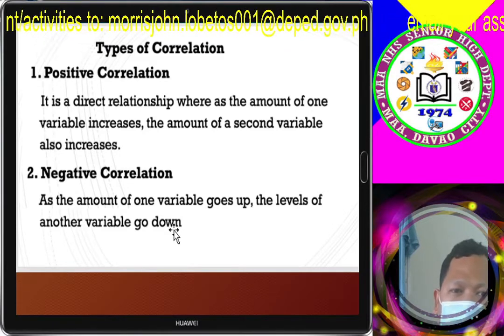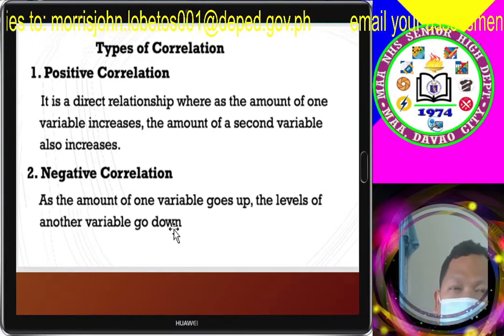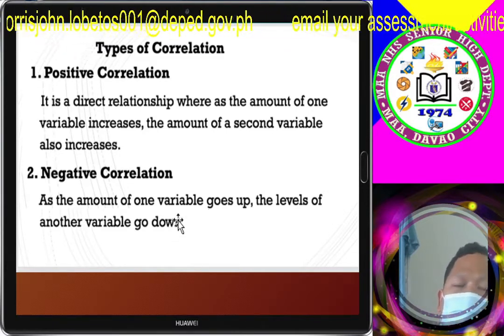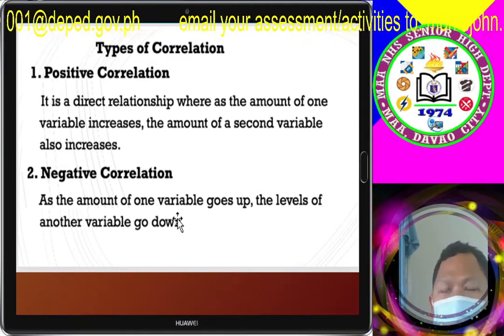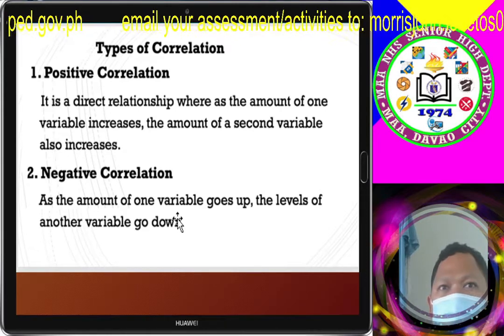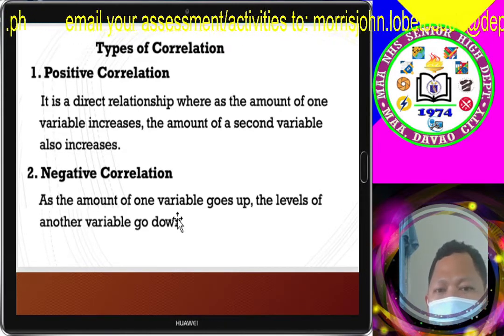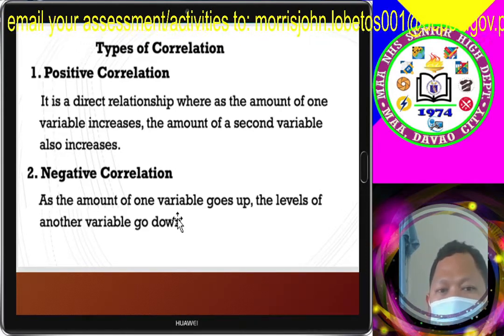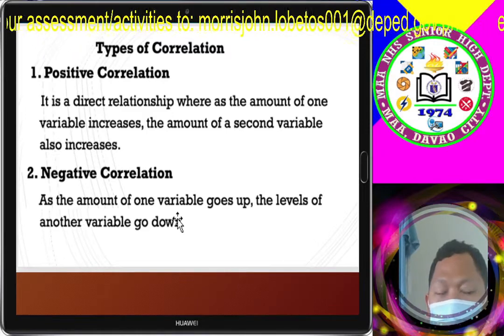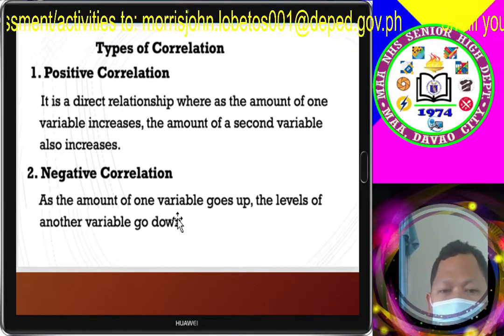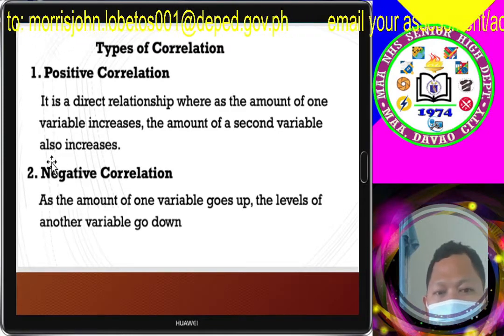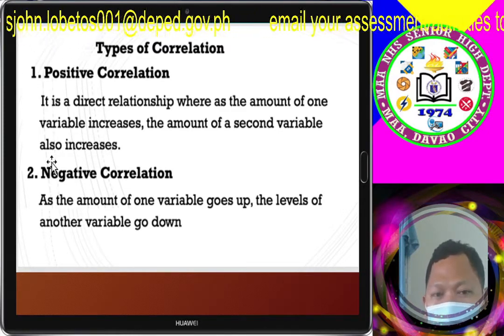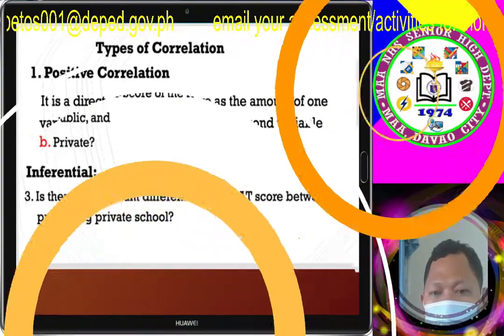For positive correlation, for example, your variables are your power consumption and the amount you paid. If you use more power, your bill in Davao Light is greater. That is positive correlation.